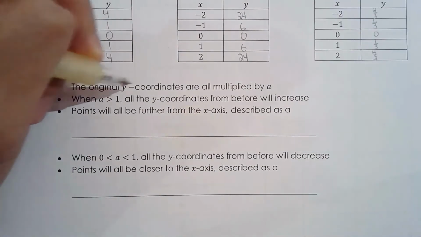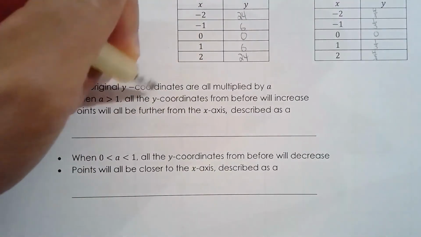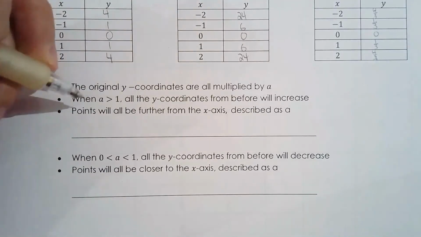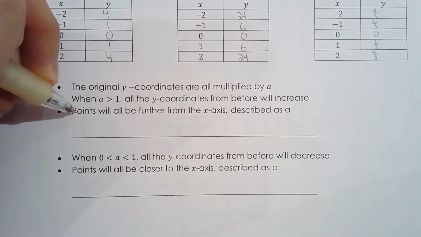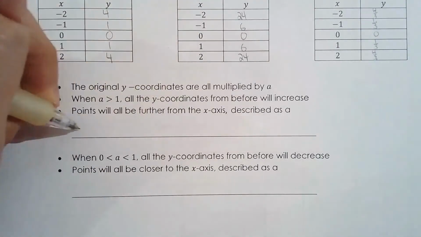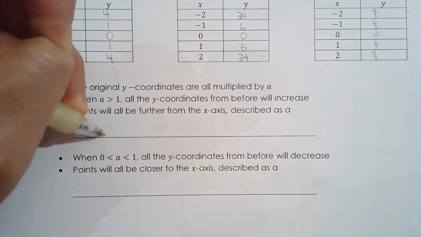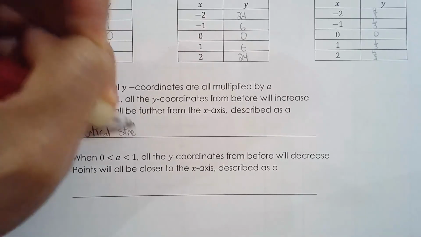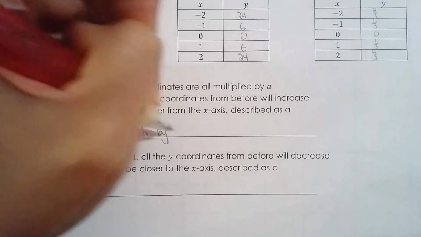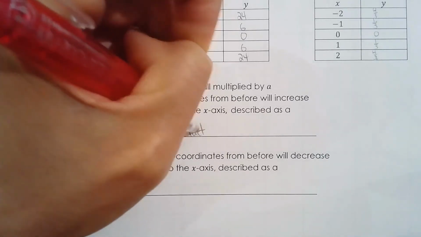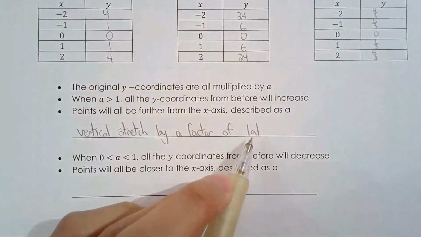So original y coordinate multiplied by a, when a is greater than 1, all the y coordinates from before will increase. So points will be further from the x-axis, described as a vertical stretch by a factor of, let's say, the magnitude of a, just in case a is negative.